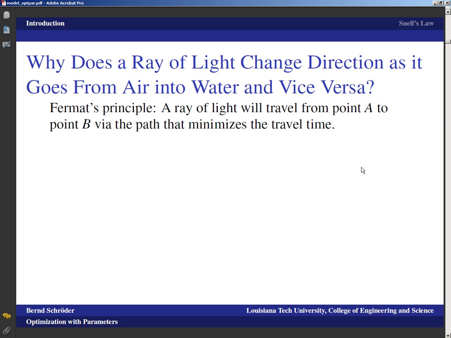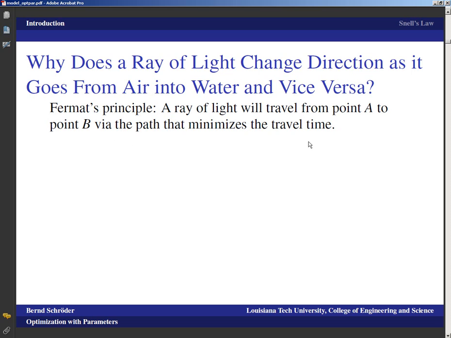The principle behind that is Fermat's principle, which we are going to use as the basis for our derivation, and that is a ray of light will travel from one point A to another point B via the path that minimizes the travel time.